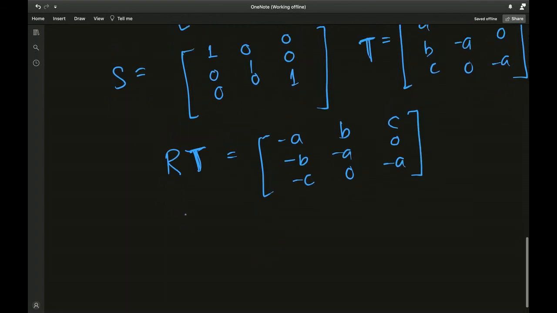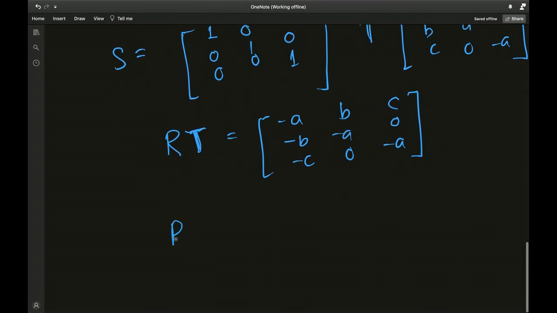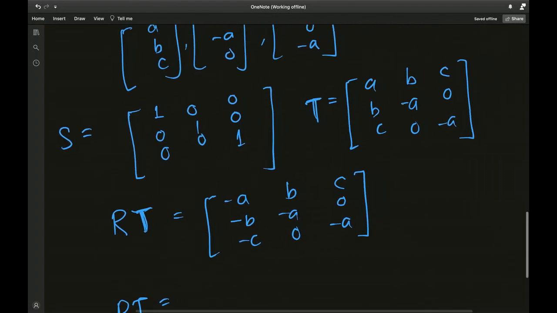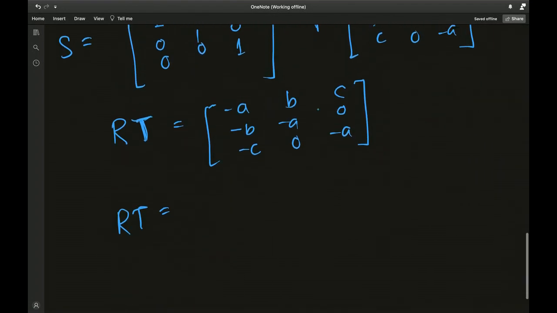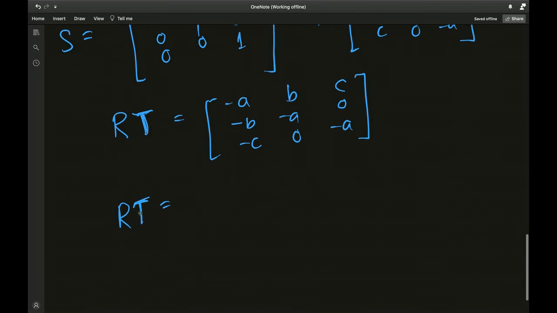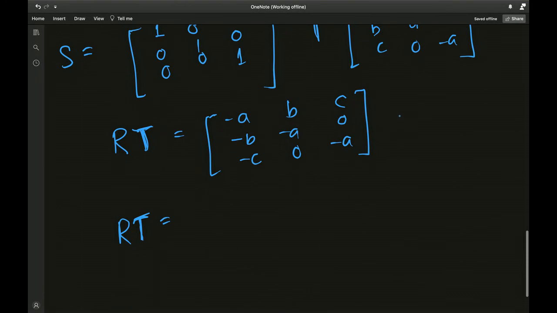Fine. Okay. Now can I express this as the original basis matrix that we worked with, times some other matrix M? I mean, can we do that?